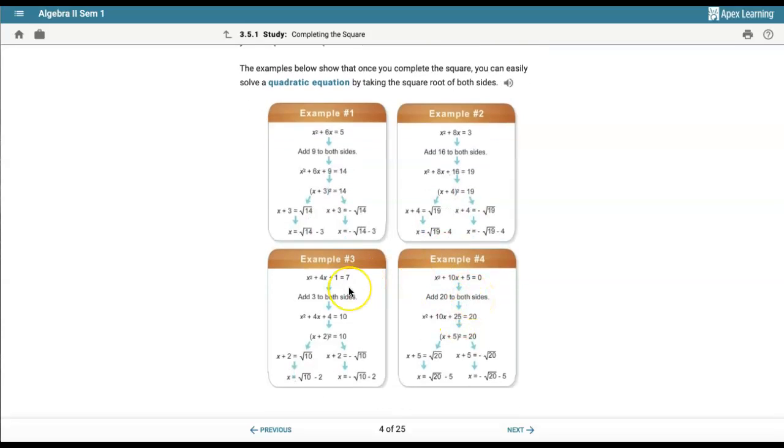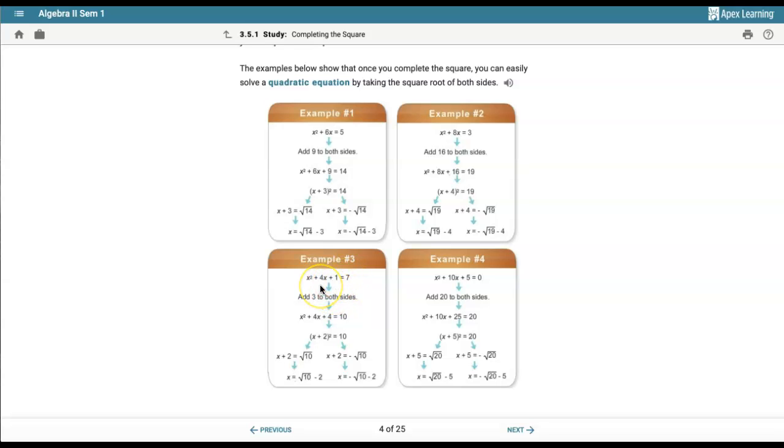Now, I will point out here the last two examples. Both of these have 3 factors on the left-hand side. This first one here has a +1.